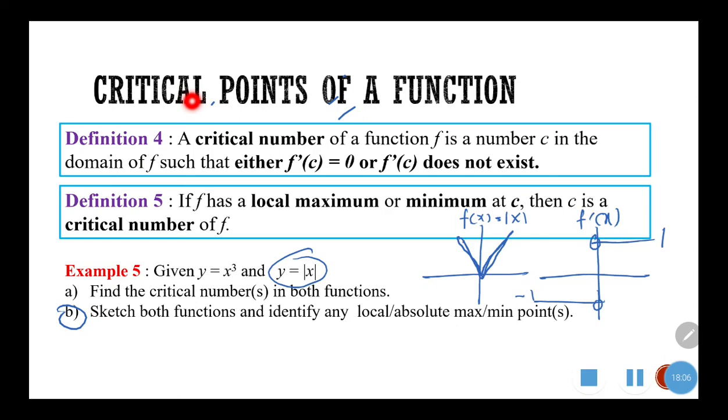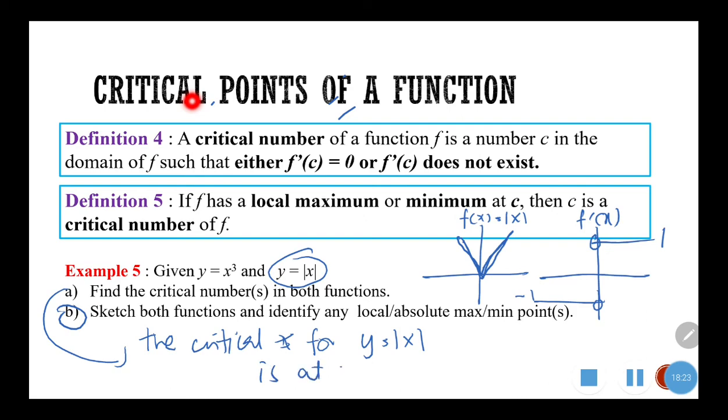And then daripada sini juga maknanya the critical number for y equals to modulus x is at x equals to 0. Kenapa is at equals to 0? Because f prime 0 does not exist.